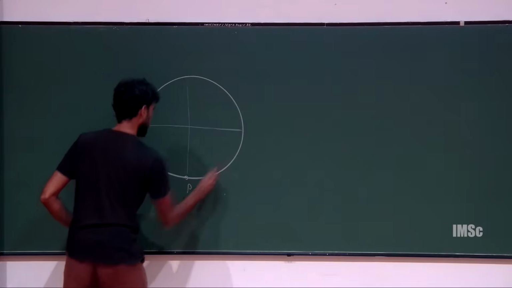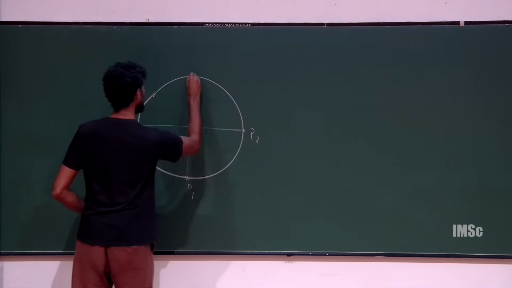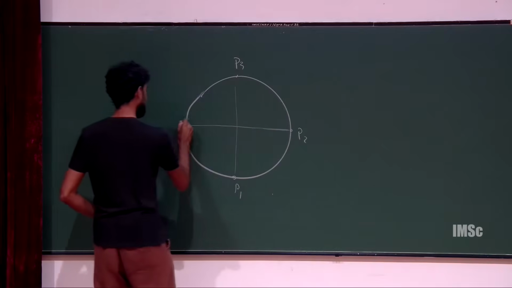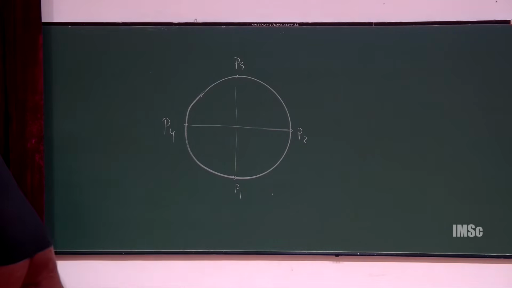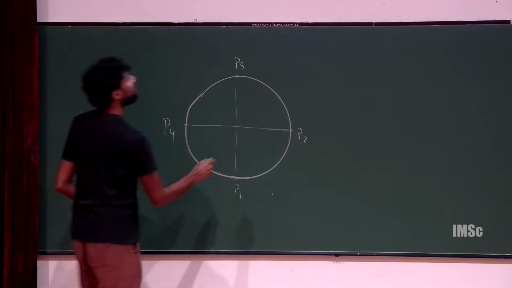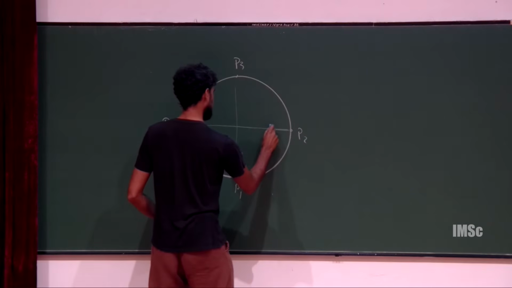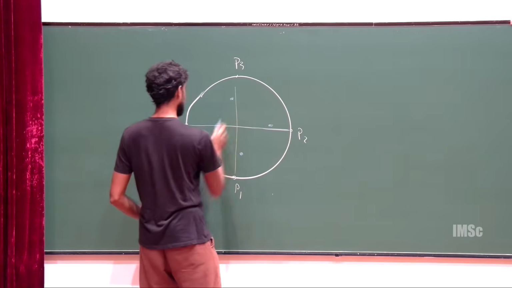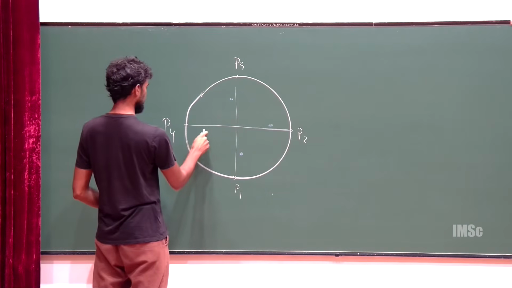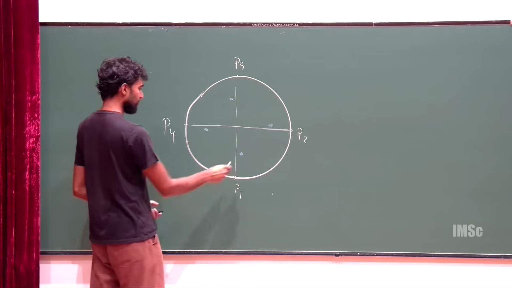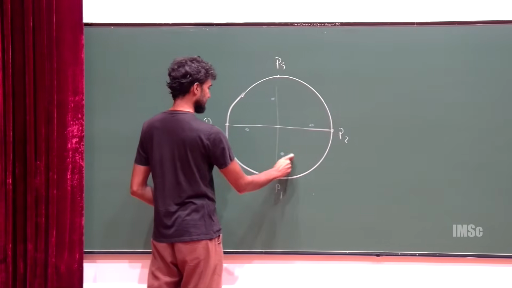So we have P1, P2, P3, and P4. And Q1 is here, Q2 is here, Q3 is here, and Q4 is here.